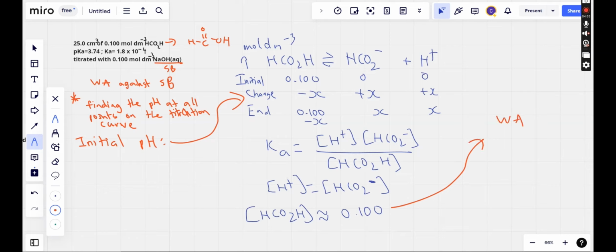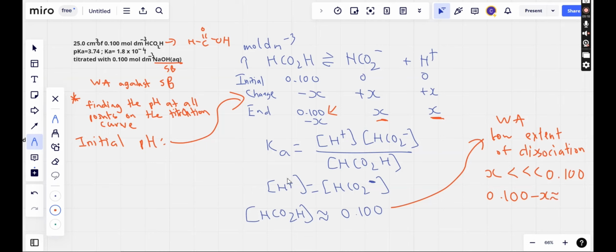Because it's a weak acid, it has a low extent of dissociation, hence x dissociated is very little as compared to this. So x is much less than 0.100, hence 0.100 minus x is approximately 0.100, because you assume x to be very small or perhaps close to 0.